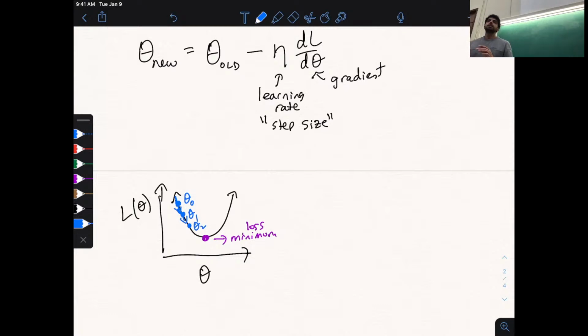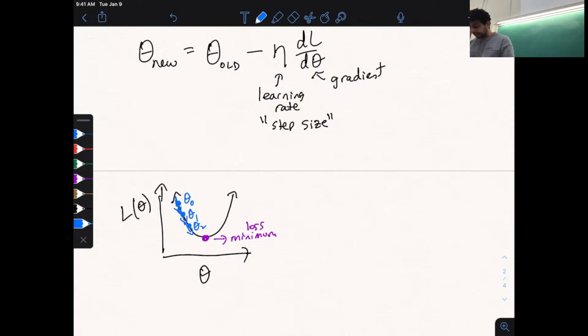So what happens if I change my learning rate, the step size that we talked about? Right here, I'm using pretty small step sizes. But what if I use a very big step size? So I compute this gradient here, and I take a very big step. Now I have theta 3, and I might think, oh, well, I took a huge step, so maybe I got a huge reduction in the loss.